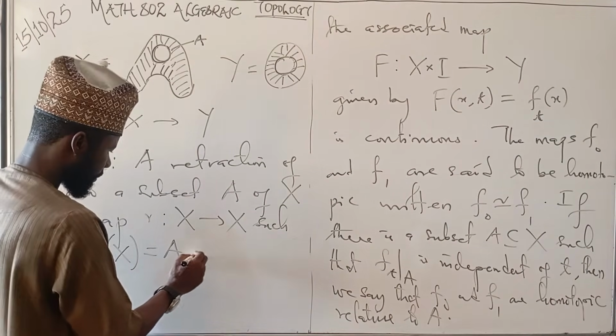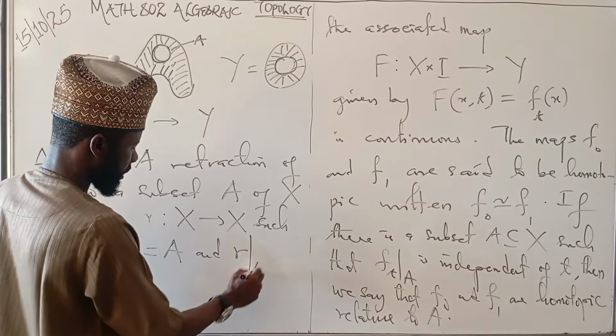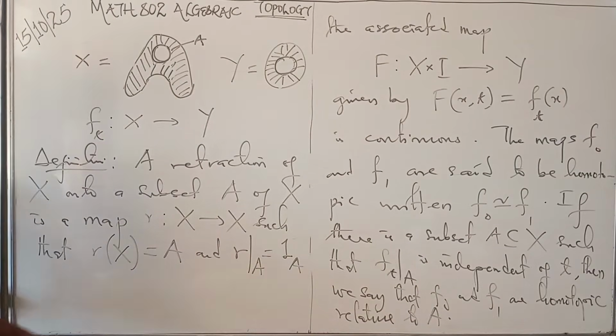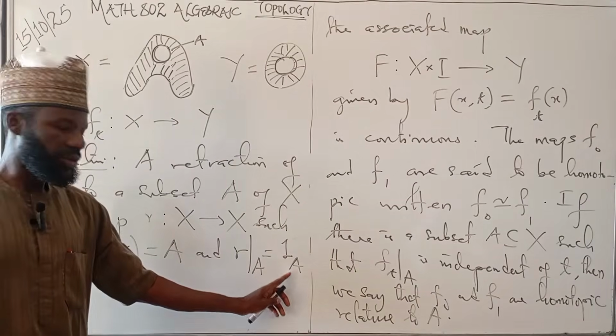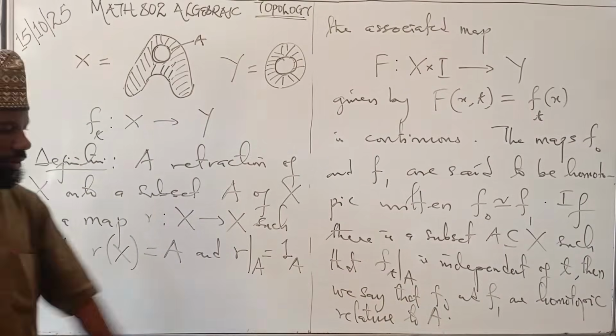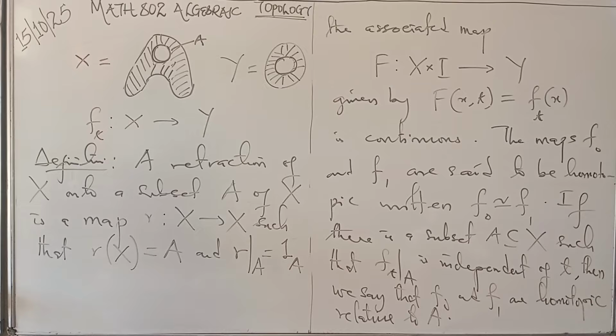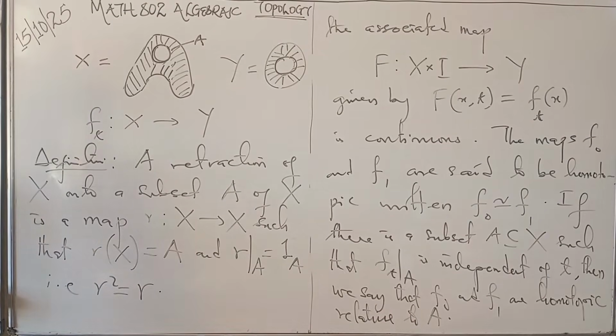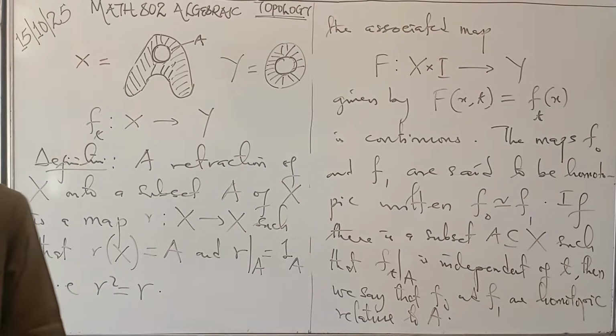And R restricted to A is the identity on A. This is how I write identity on A. Okay? So any such mapping is called a retraction. So that is R squared is equal to R. It's just like a projection.